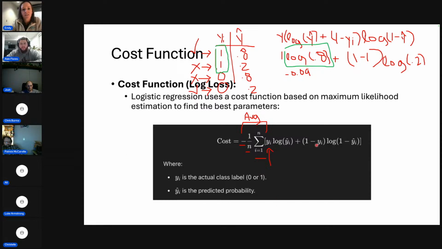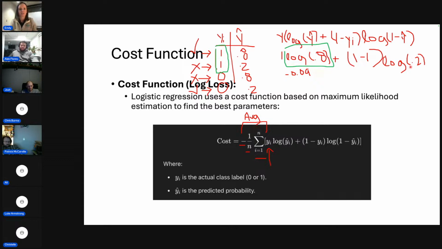So we have plus 1 minus y at i times the log of 1 minus y hat. 1 minus 1 is what? That's not a trick question. 0, my bad. 1 minus 1 is 0, and 0 times anything is 0.